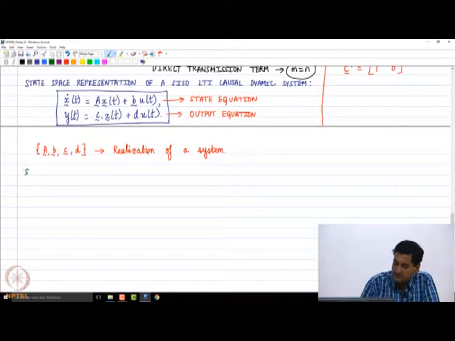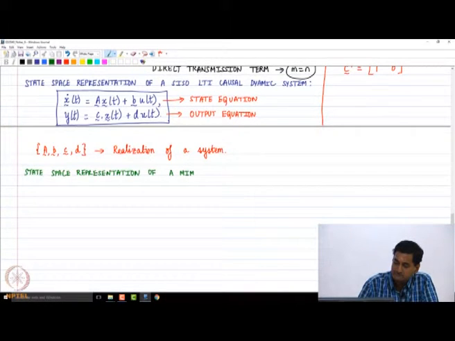Now, similarly, the state space representation of a MIMO LTI causal dynamic system is going to be the following.